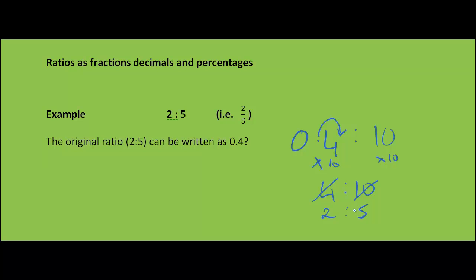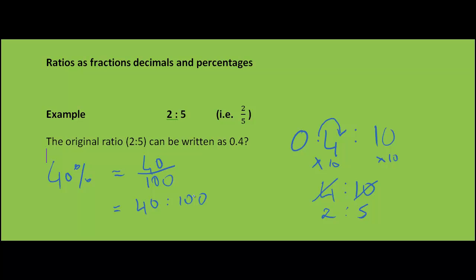Similarly, the original ratio 2:5 can be written as 40%. Now 40% means 40 out of 100. This can be written as the ratio 40:100.